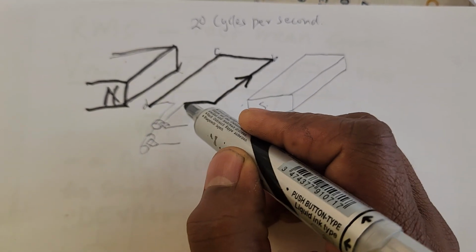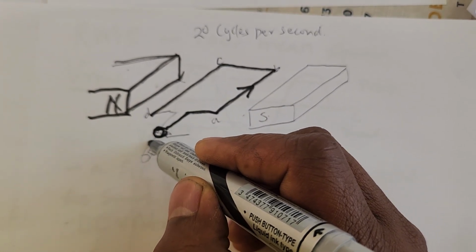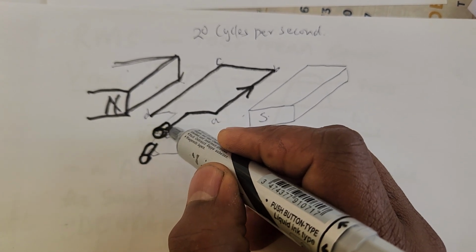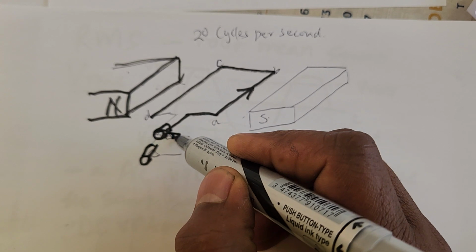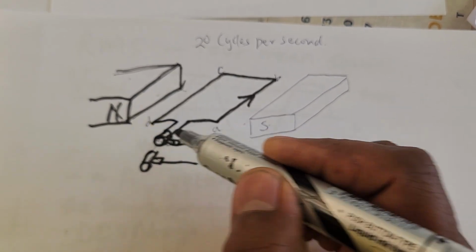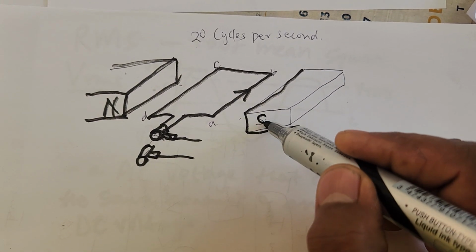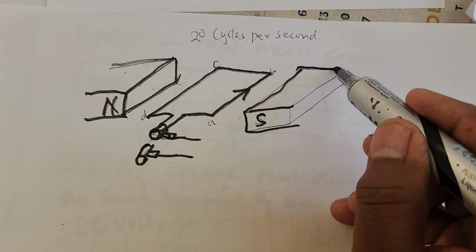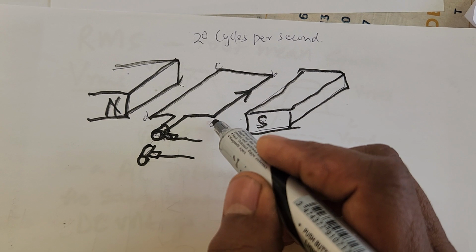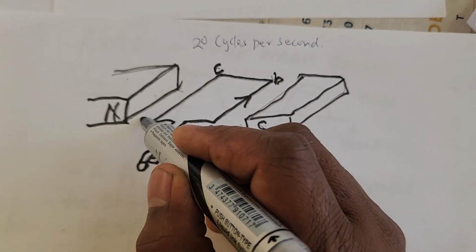They show us the direction of the magnet. These are the slip rings, indicated here together with their brushes. We have this coil in a magnetic field where the left hand side is north and the right hand side is south. Then we have A, B, C, and D.